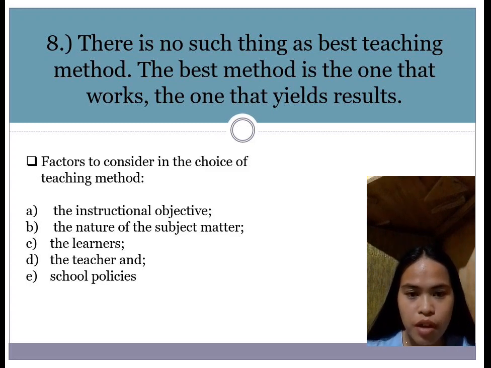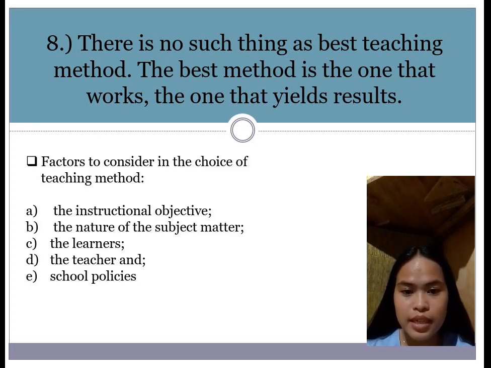Also, the nature of the subject matter. When subject matter is quite difficult, it is necessary that we employ the deductive method, right? Of course, you must start from general to specific ideas, because we might end up more inefficient and ineffective when we proceed inductively.